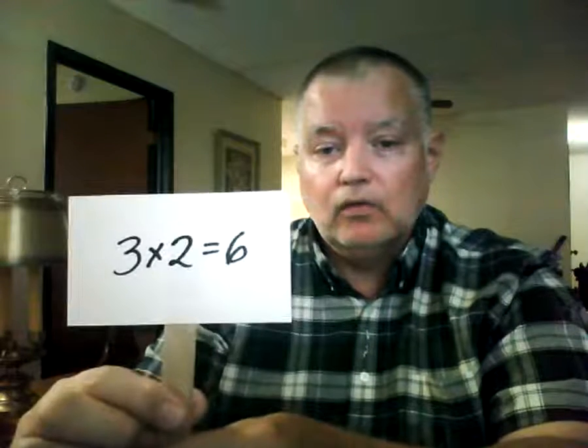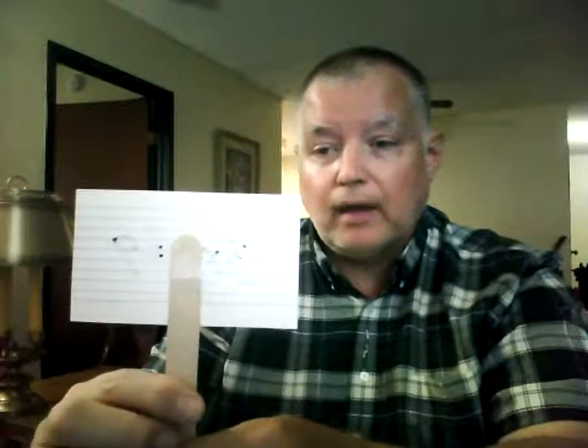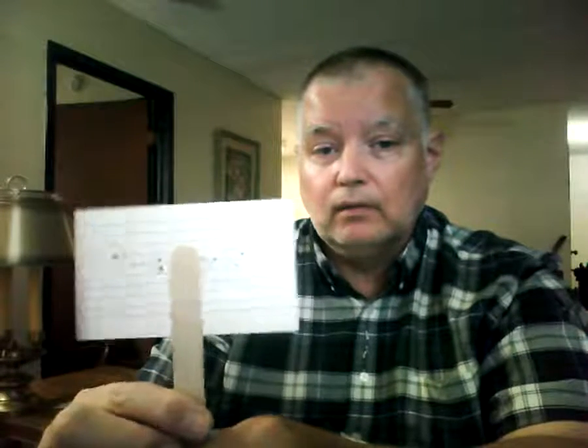What's the answer to these following numbers? 3 times 1? 3. 3 times 4? 12. 3 times 2? 6. 3 times 3? 9.